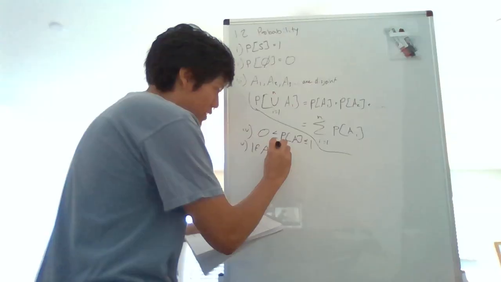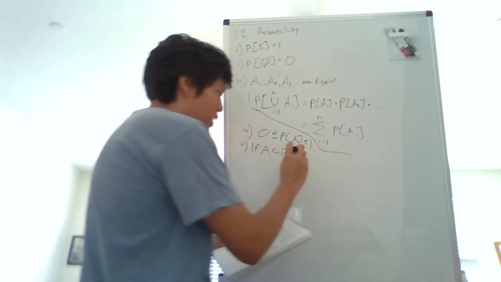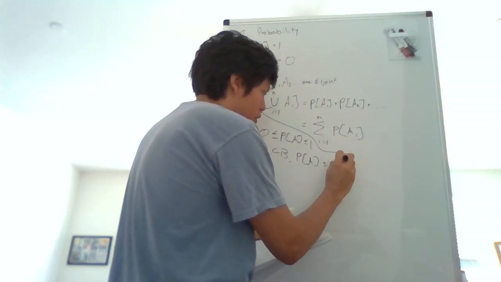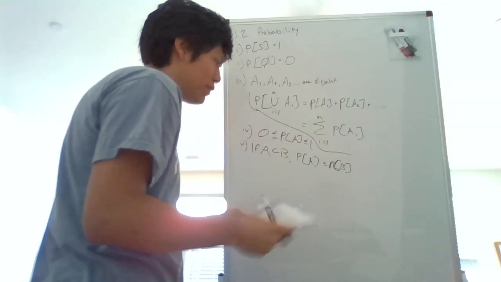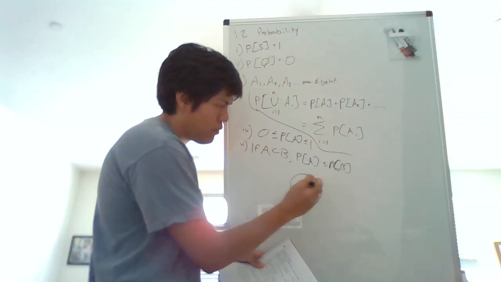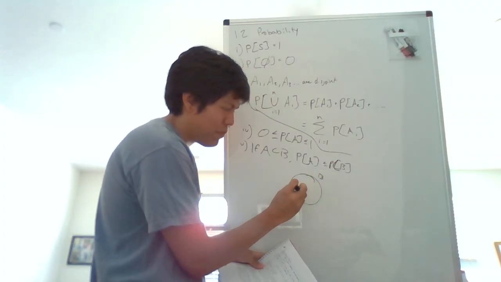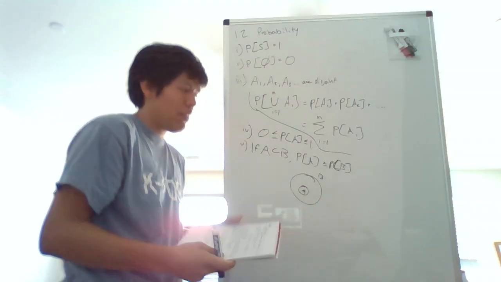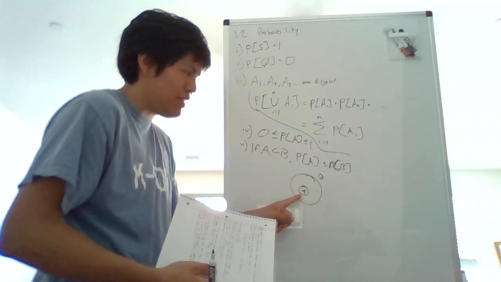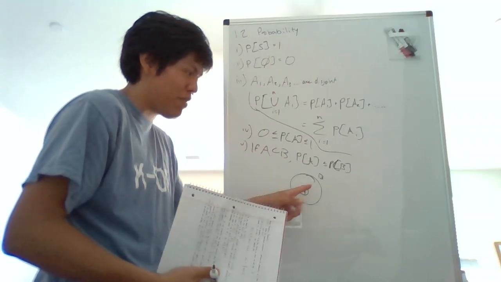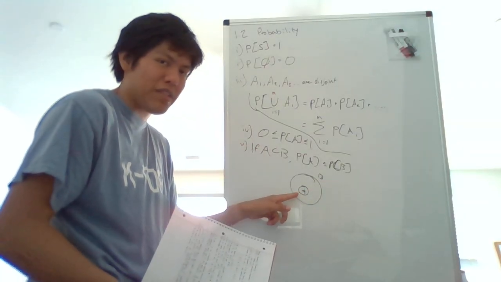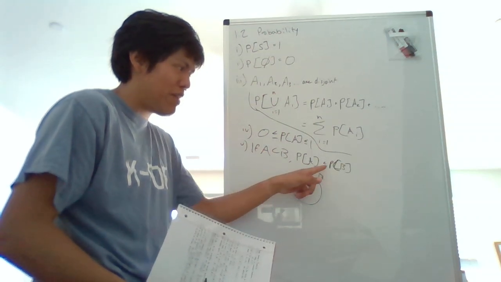If A is a subset of B, then the probability of A is less than or equal to the probability of B. So if you have a sample space B, let's say this circle is B, and then you have a sample space inside of it, which is A, then the probability of A happening is less than, or it can be equal to, the probability of B. Obviously A is a smaller sample space, so that makes sense.